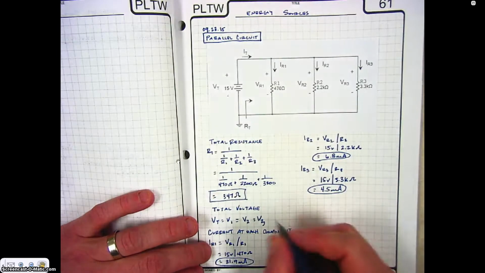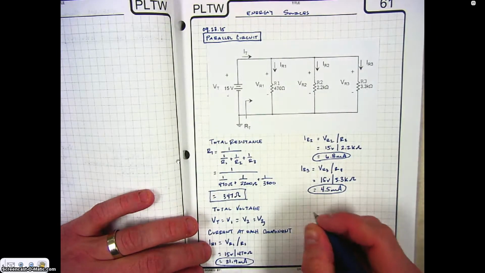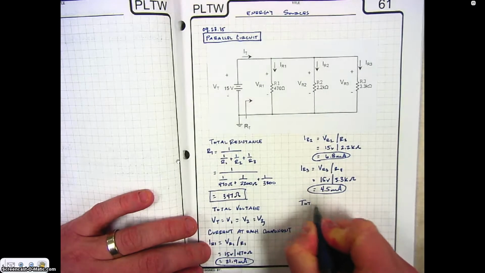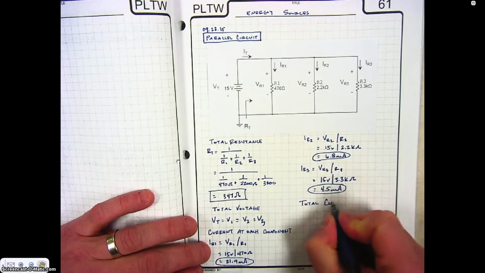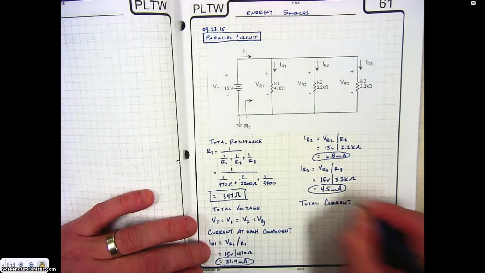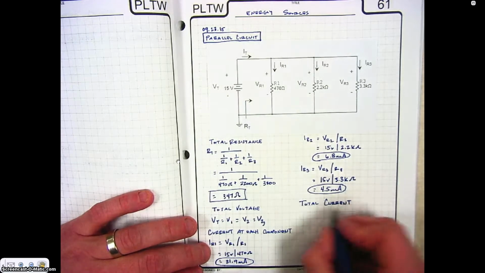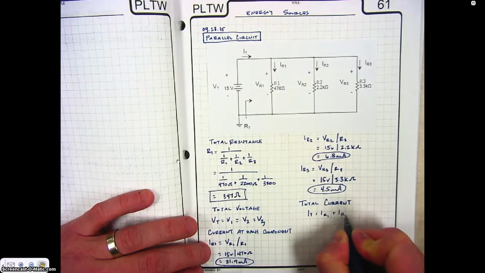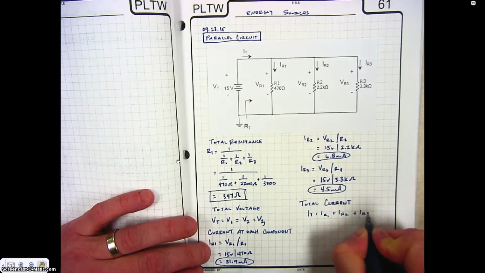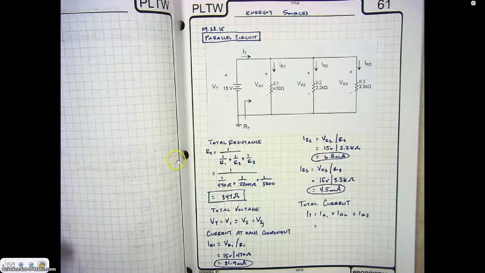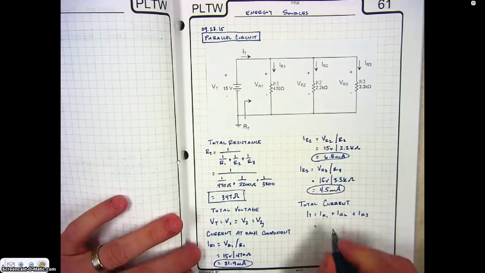Alright, now we're going to calculate the total current. Like we could with the voltage law, we can now use a current law in a parallel circuit. All that tells us is the total current is equal to the current at resistor 1 plus the current at resistor 2 plus the current at resistor 3. So all we have to do is add up all of those current measurements.